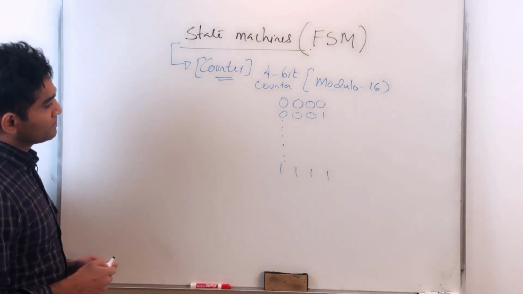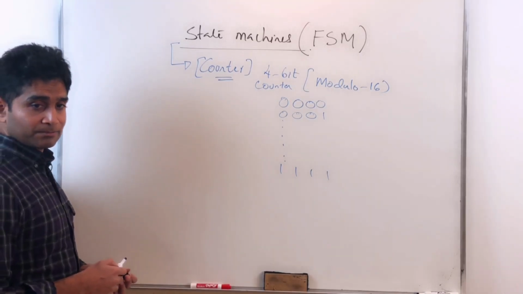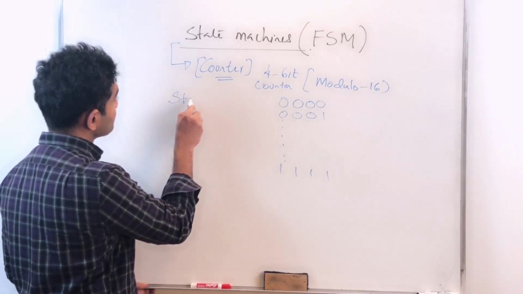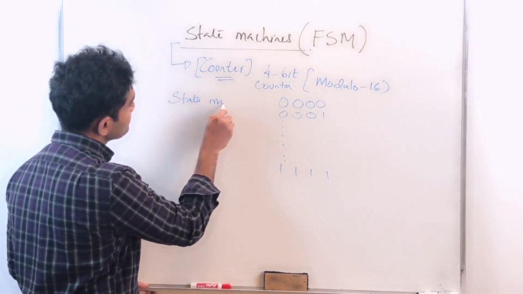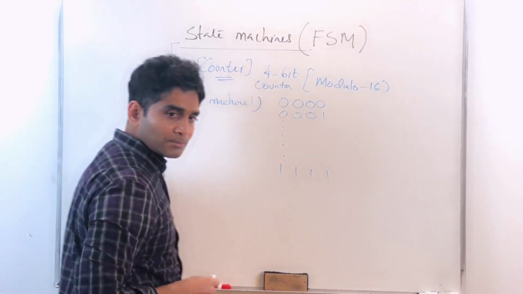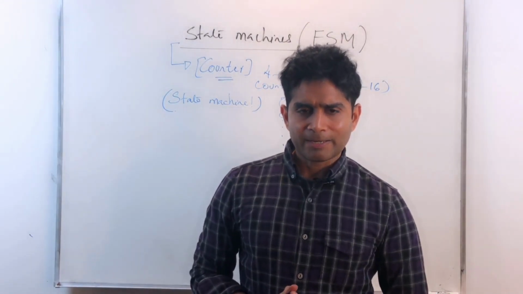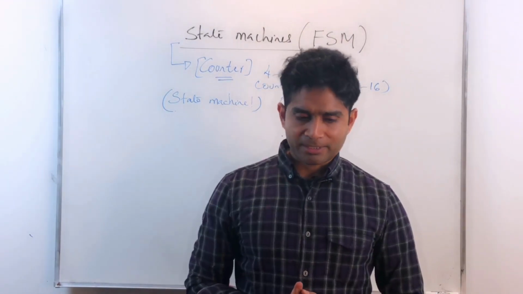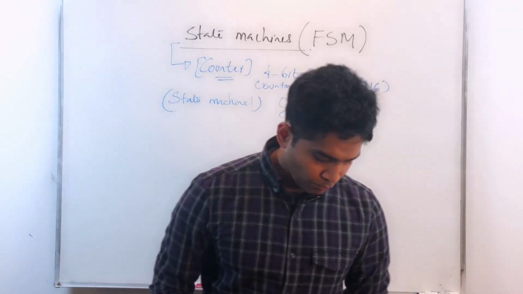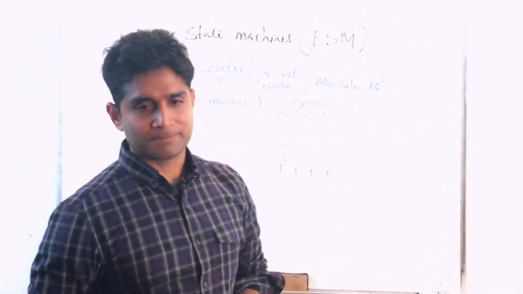All right. So how do we design this? Let's say again we want to design this as a state machine. Any suggestions on what constitutes my state here? What should I look upon as a state in the design of a counter?